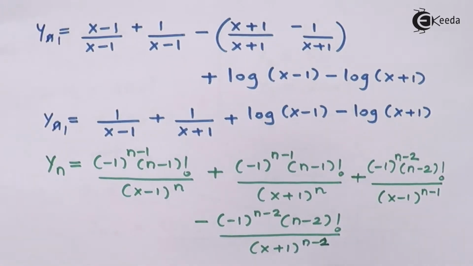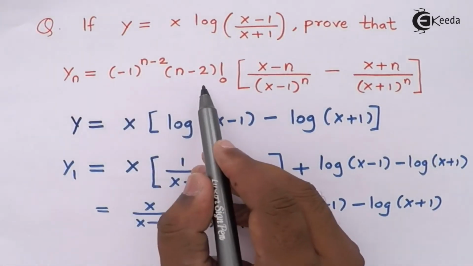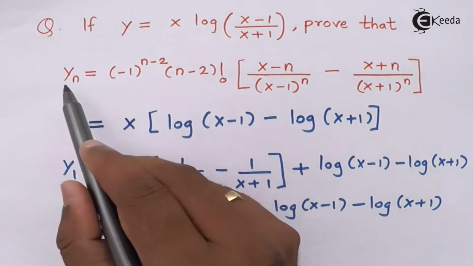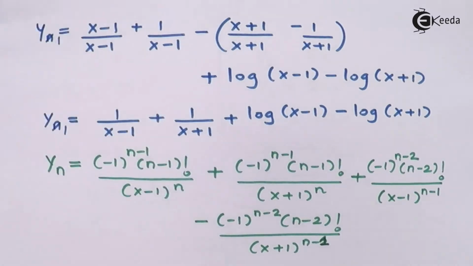So this is the nth derivative of these 4 functions. So here we get y, but that is not the requirement. If you observe the question, we have to prove that the answer is this, so let's try to find out the value of y. Now to get that answer, we will take a few terms common.